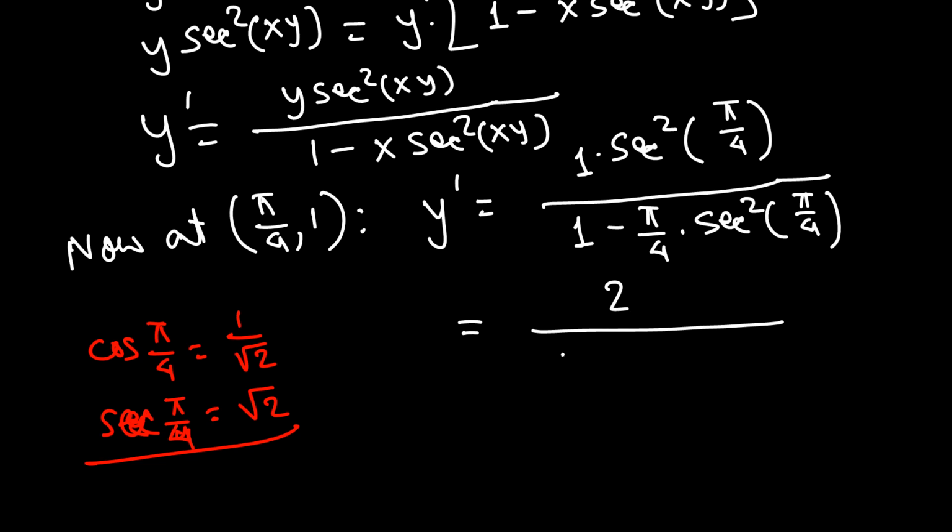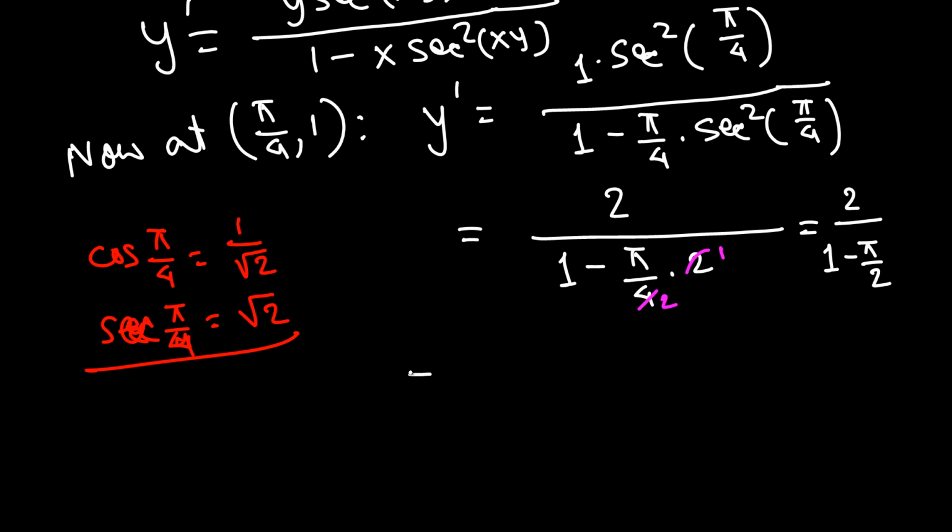On the bottom, 1 minus pi over 4 times same thing, it's 2. So 2 over, here we have to simplify, 2 goes twice. So this is 1 minus pi over 2. We cannot subtract, these are not like terms.